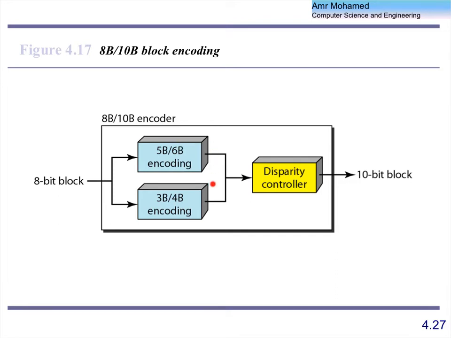The good thing about this as well is that it tries to use the disparity controller. What the disparity controller does is that in some cases, if it finds that the number of ones and the number of zeros are not the same, it may actually invert the output to create this balance, in which case we also reduce the DC component.